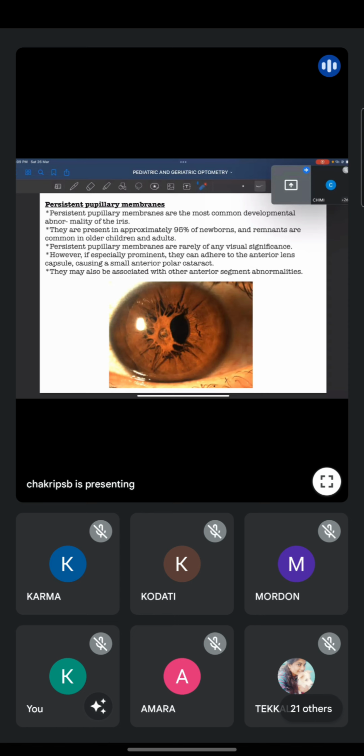If it comes out, this small pigment will go to the angle of the anterior chamber, which may cause secondary glaucoma among other causes. If the pigment goes back to the iris, the lens will be there, and the lens will attach to this pigment and become opaque, or it may cause cataract also.